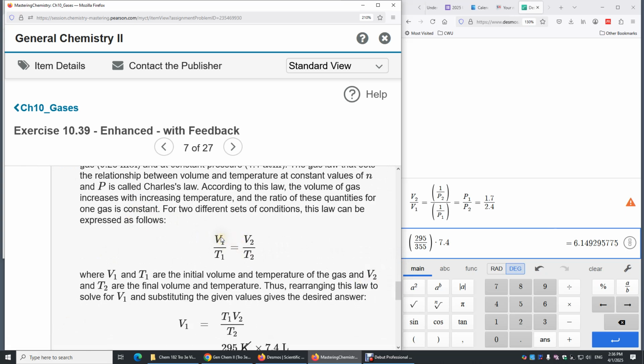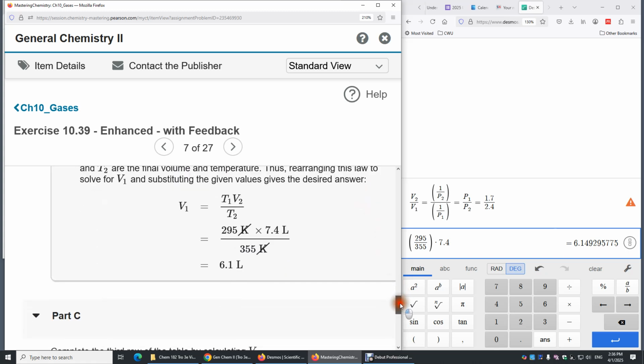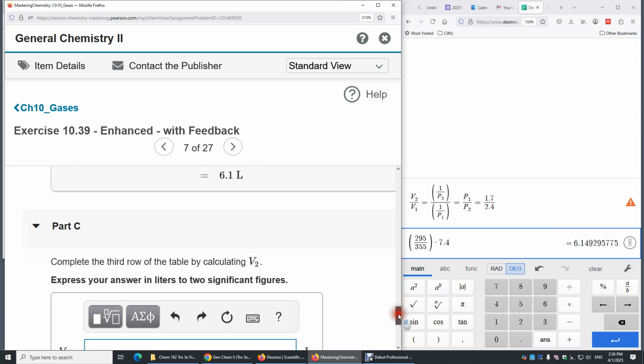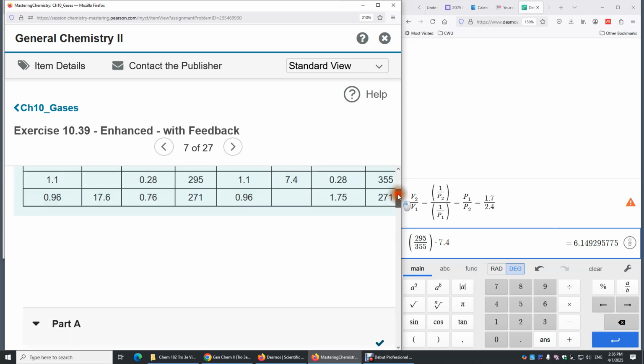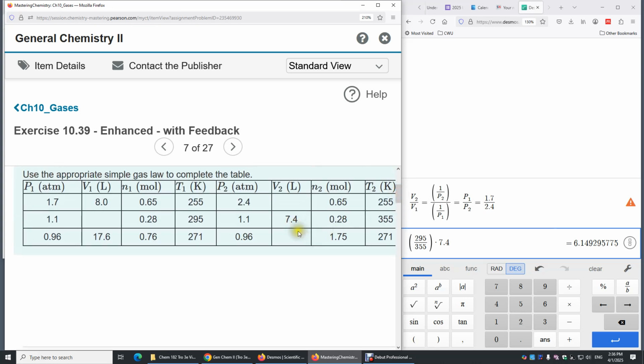So you can see V1 is proportional to T1, volume is proportional to temperature. Complete the third row. The third row is here, V2 is missing. P1 equals P2. V1 is larger. N1 is smaller than N2. T1 equals T2.